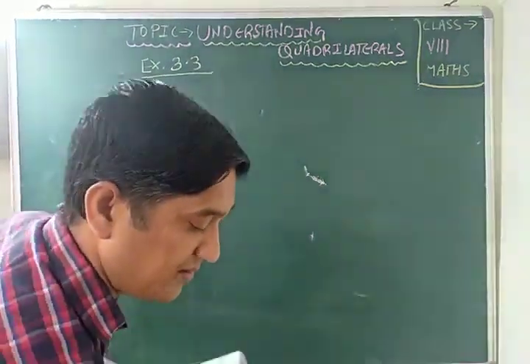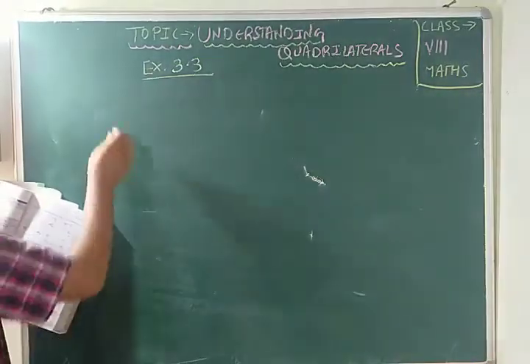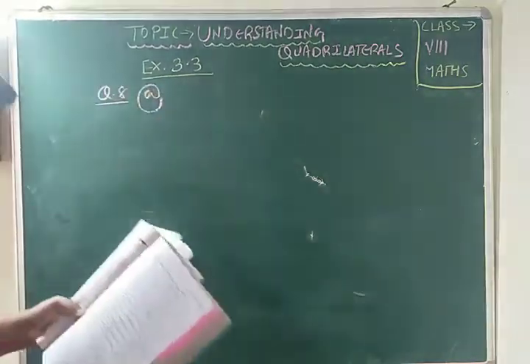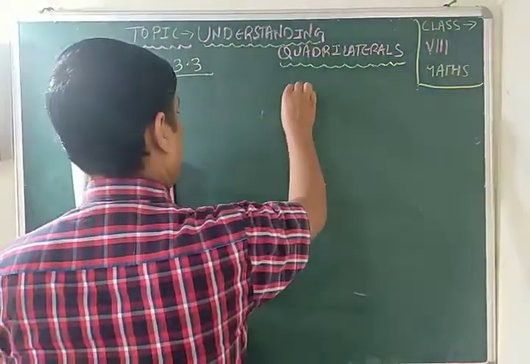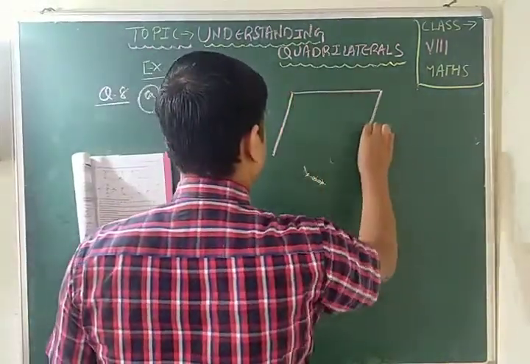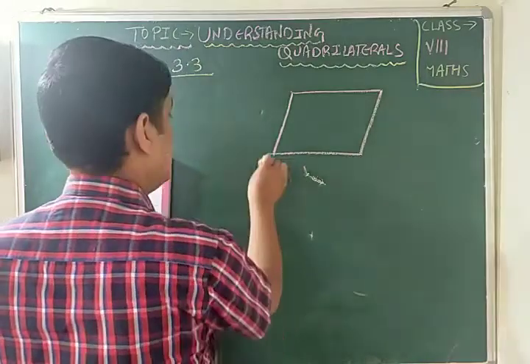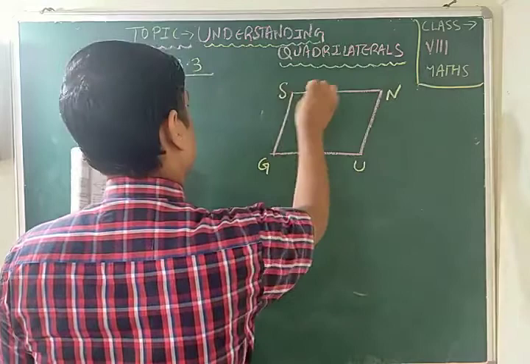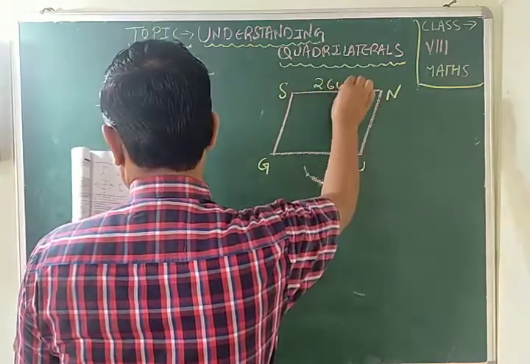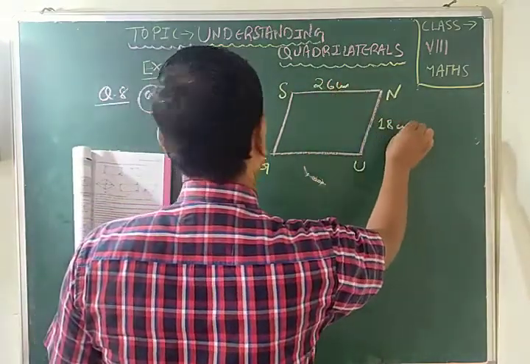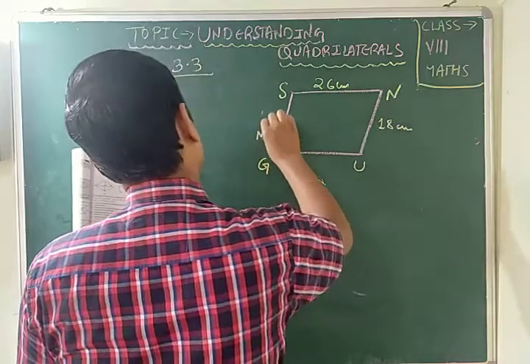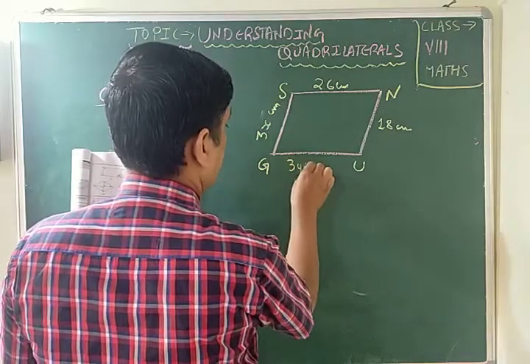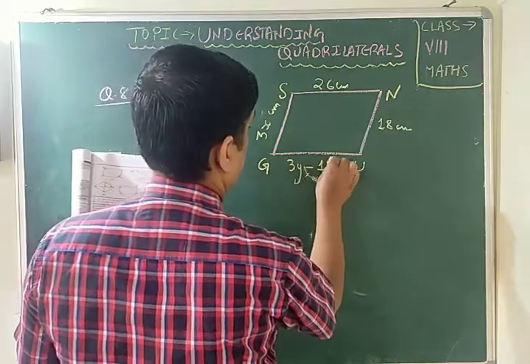Question number 8, A part. In the A part, we have a figure like this: GUNS. Here we have 26 centimeters, this is 18 centimeters, this is 3x centimeters, and this is 3y minus 1 centimeters.